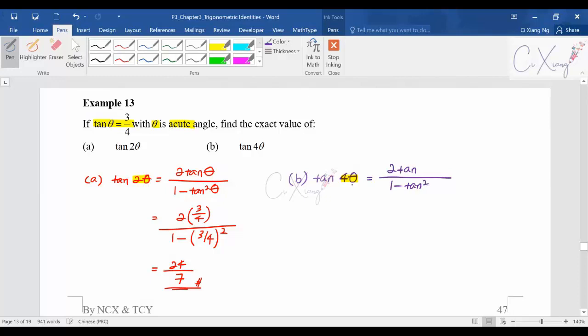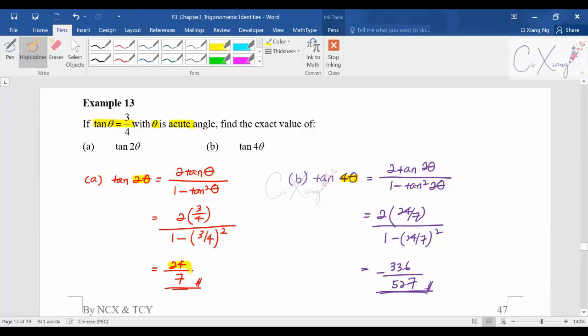Because your original question now become 4 theta, therefore here it will become tangent 2 theta, tangent square 2 theta. Okay, so what is the value for tangent 2 theta? You already get the value just now. Tangent 2 theta is 24 over 7 divided by 1 minus 24 over 7 square. Then again, what do you get is negative 336 divided by 527. All right, so this is what we get.